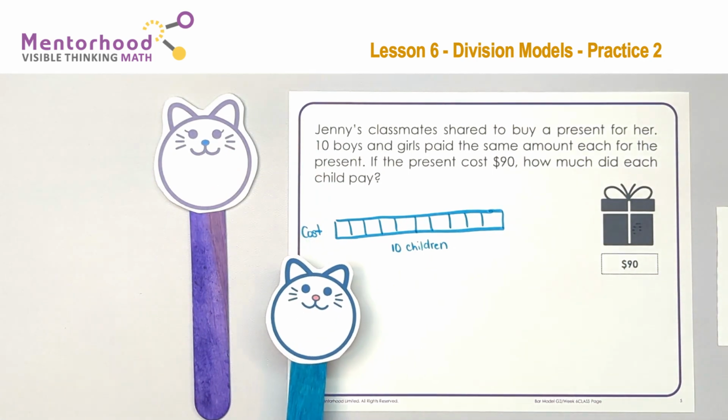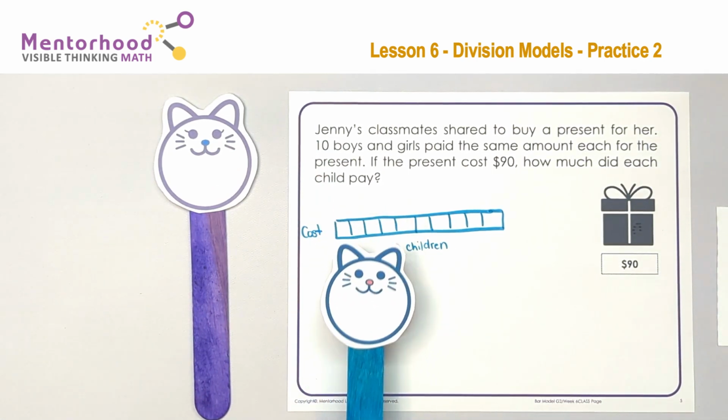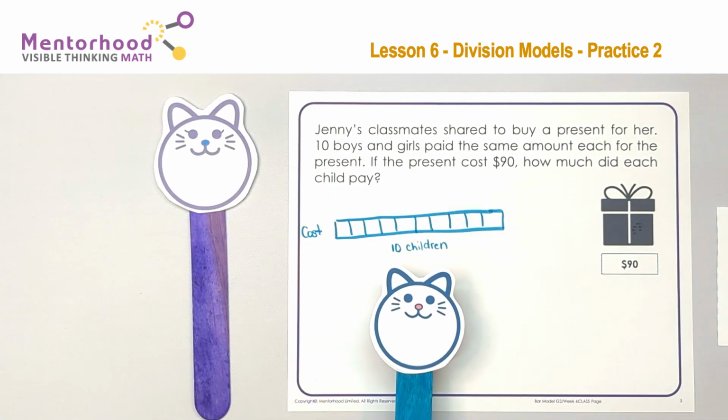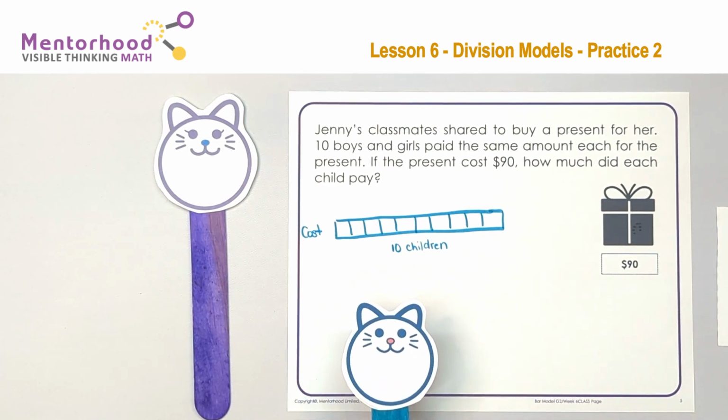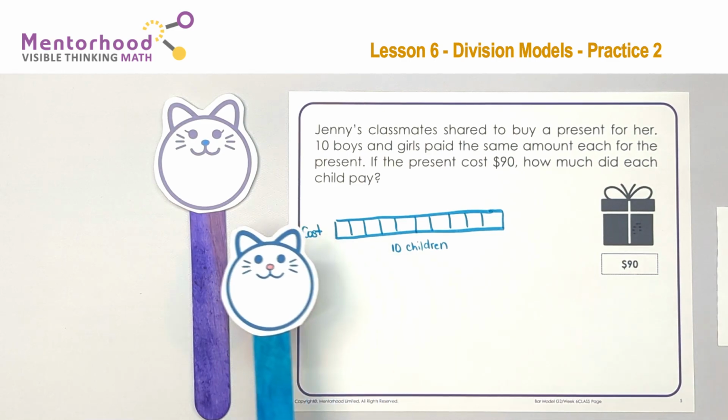What else do we know? What other number can we put in our model? What number did we forget or miss in the question? The 90. Where's that going to go? Yeah, that's our total.